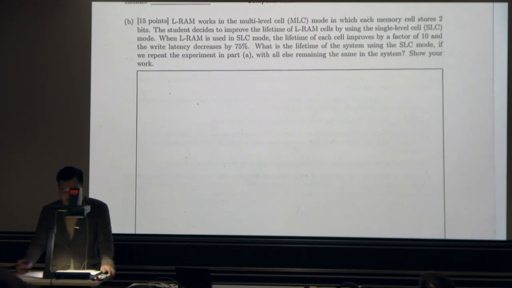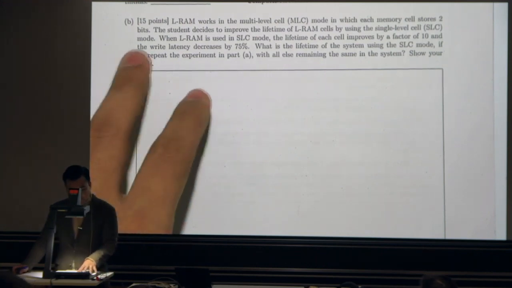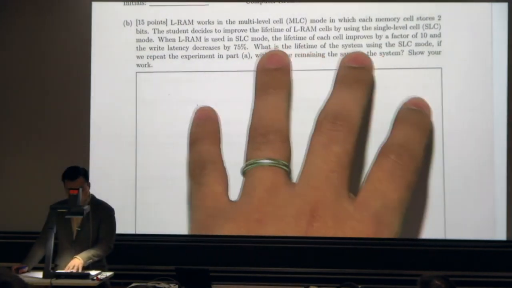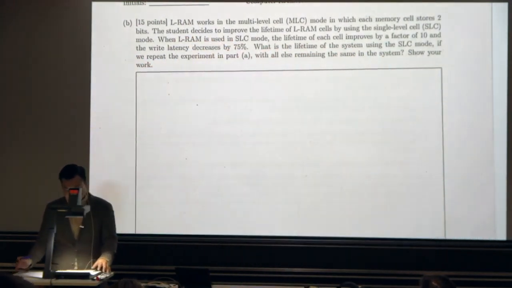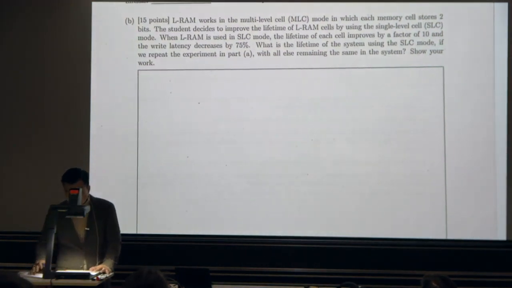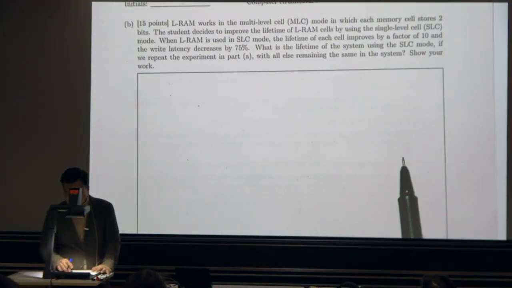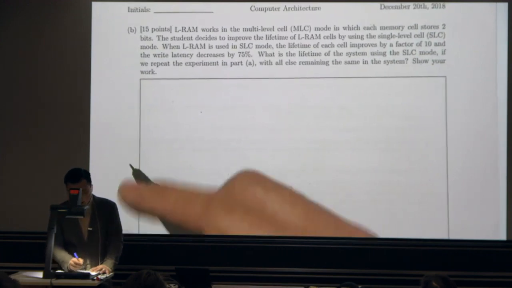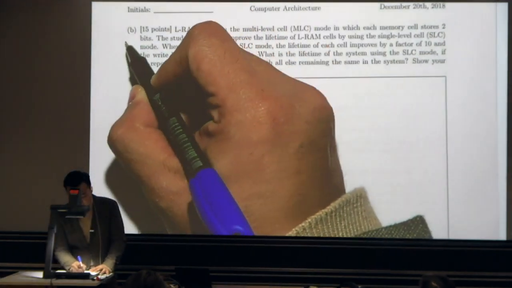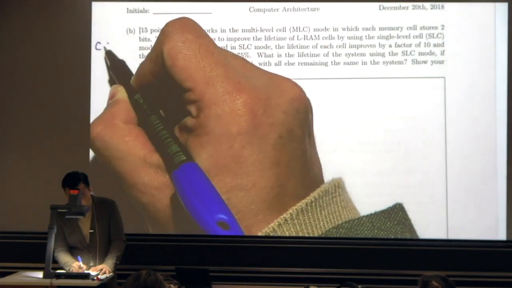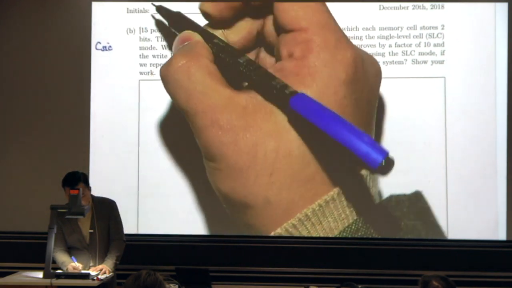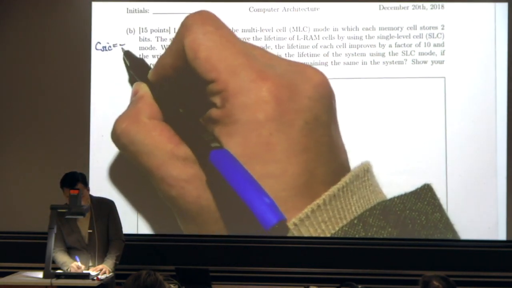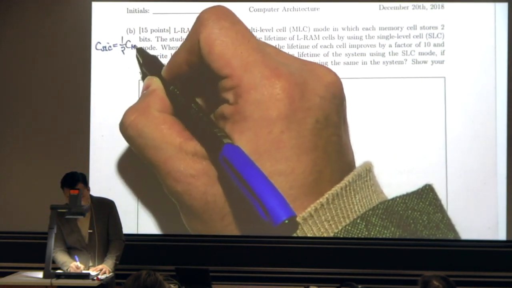So in part A, a cell stores 2 bits, but in part B, we change the cell to store just 1 bit value. It means that the capacity of the SLC LM device is half of the MLC device, right?